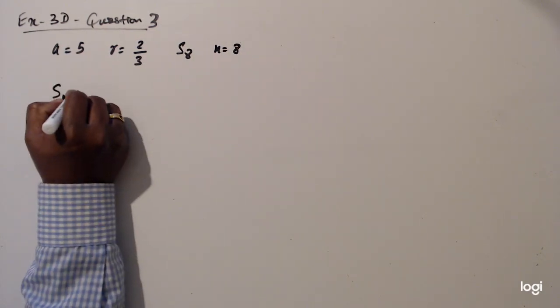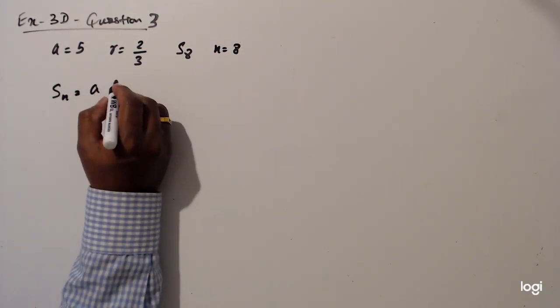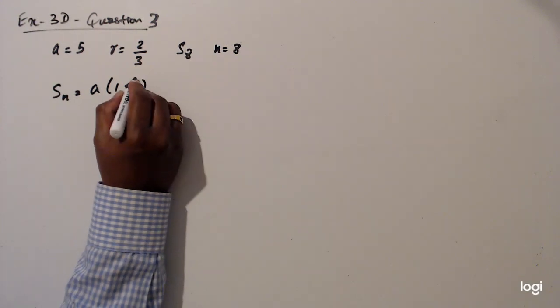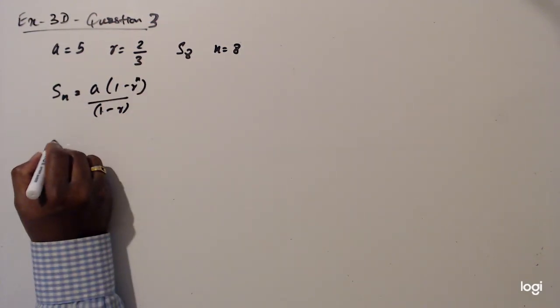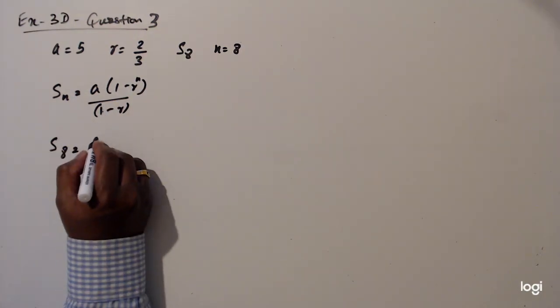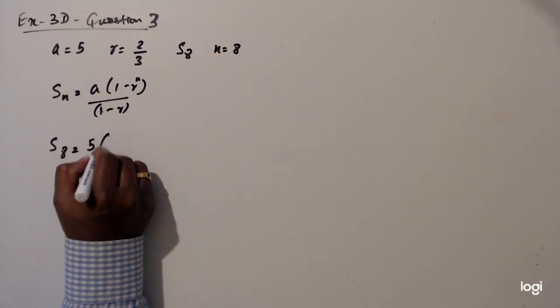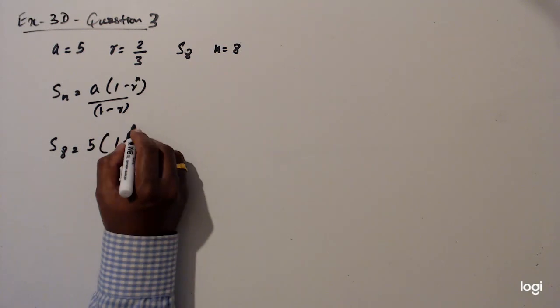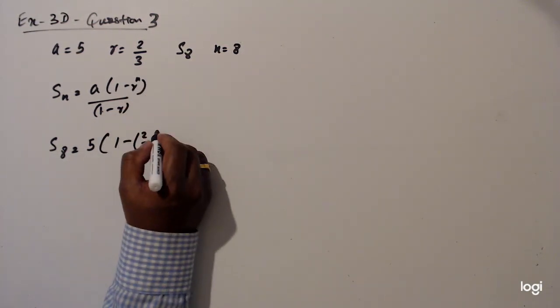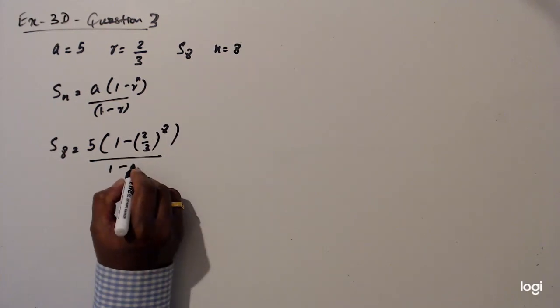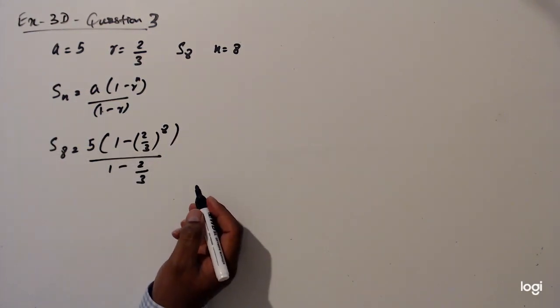So Sn equals A(1 minus R^n) over 1 minus R. So S8 equals, A value is 5, and 1 minus (2 over 3) to the power 8, over 1 minus 2 over 3.